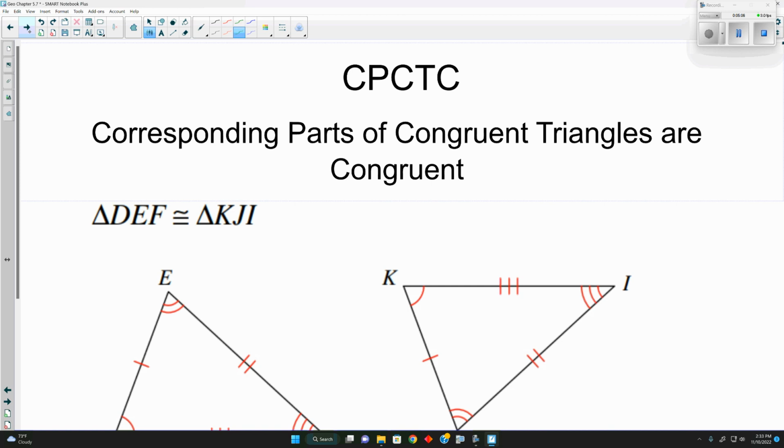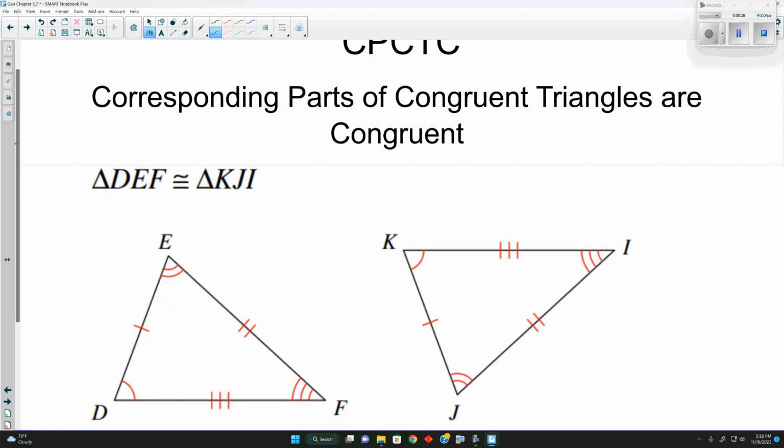Check on how they're set up on the triangle, because the order that they're set up on the triangle is what's important. Because is it two angles followed by a side, or is it angle, side, and an angle?